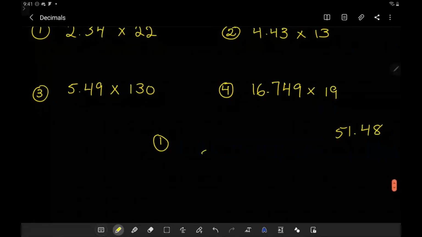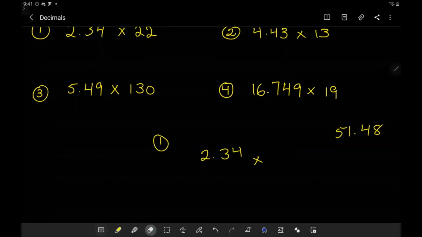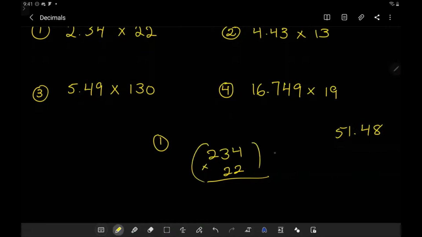So we have 2.34 multiplied by 22. We ignore the point, so we multiply by 100 essentially, and we want to multiply that by 22. So we want to divide that by 100 after.